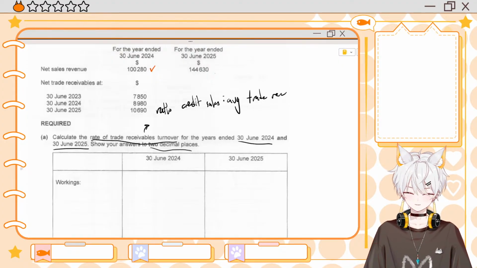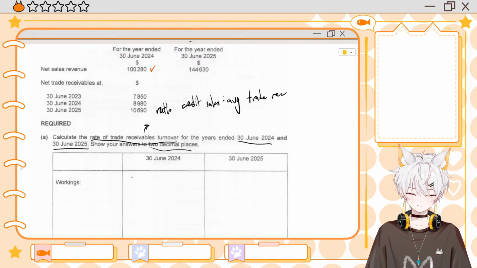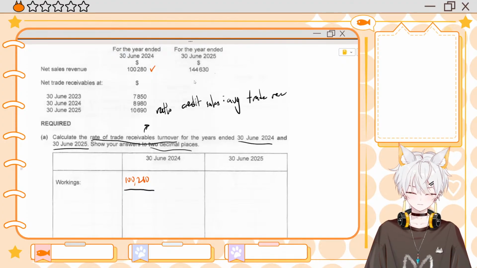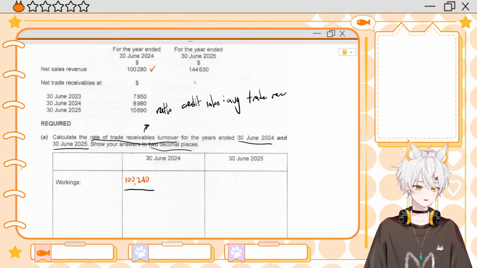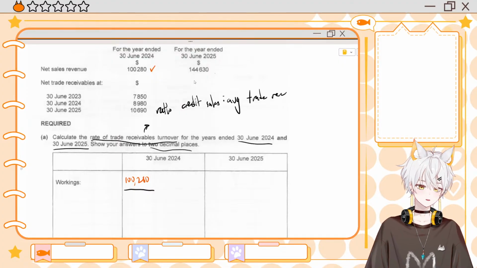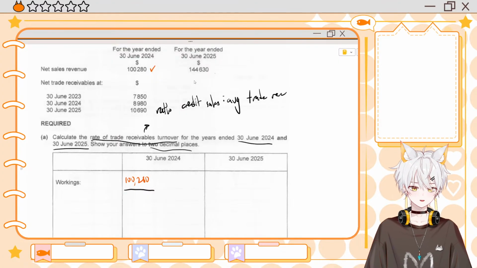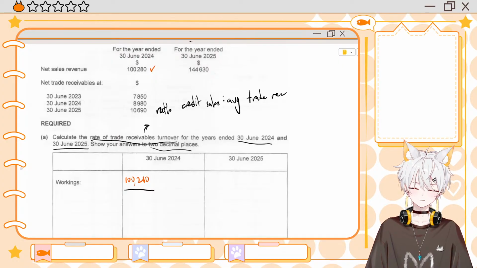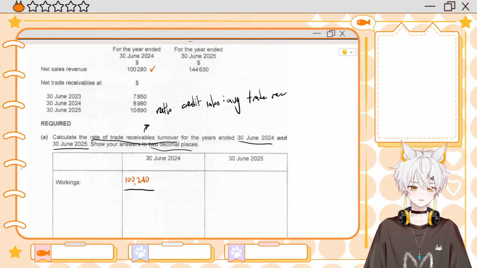So we write 100,280, divided by the denominator, which is average trade receivables. So how do you get the average? You take the trade receivables at the start and add the trade receivables at the end.